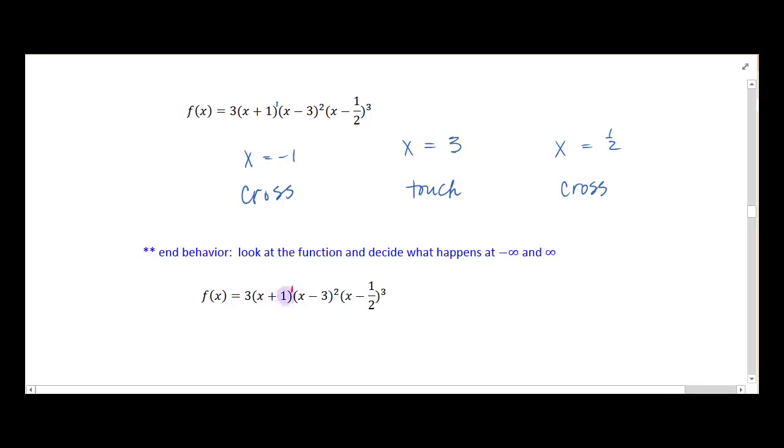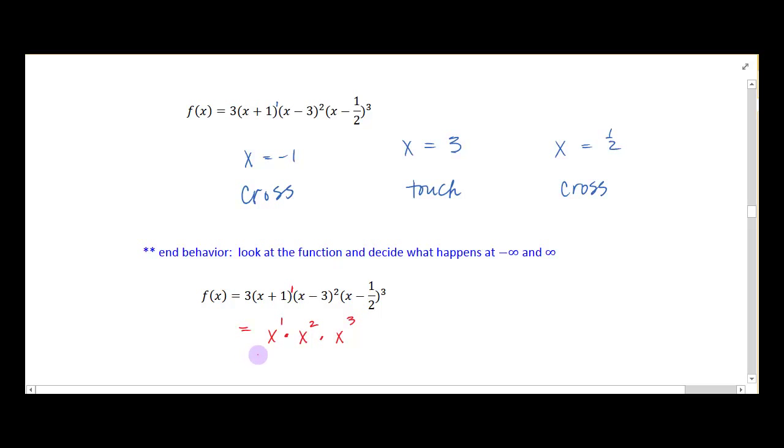If I were to expand this polynomial, or get rid of all of these parentheses, all that really means is I am going to be multiplying an x to the first power times an x to the second power times an x to the third power. So I am pulling out just the leading term of each of these multiplications.